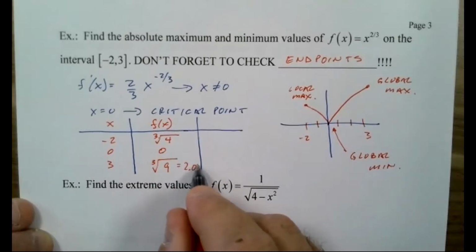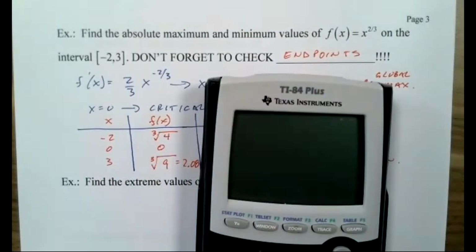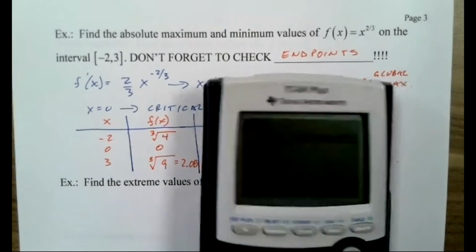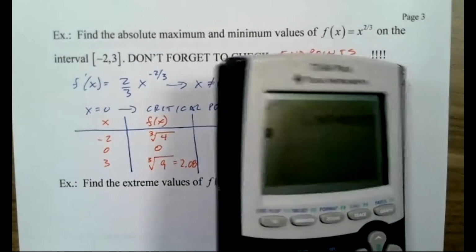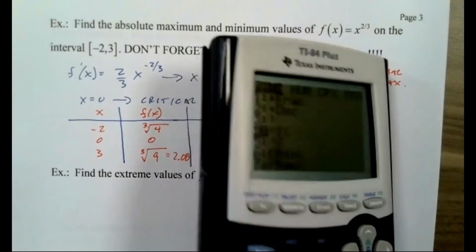About 2.08. Third root of 4, I'm going to bust out the calculator. 4 to the 1 divided by 3. A lot of people are freaked by that. There you go, 4 to 1/3. We could also do math, go down, hit the third root.